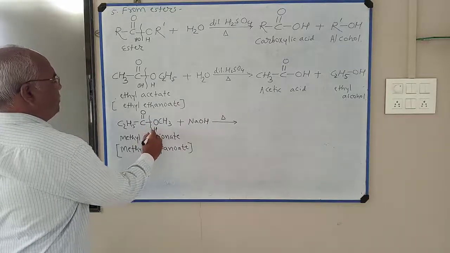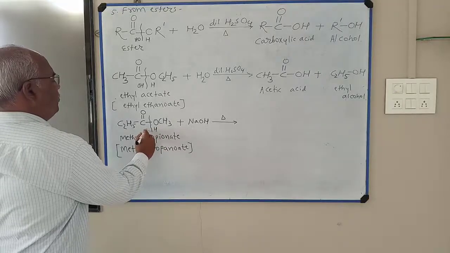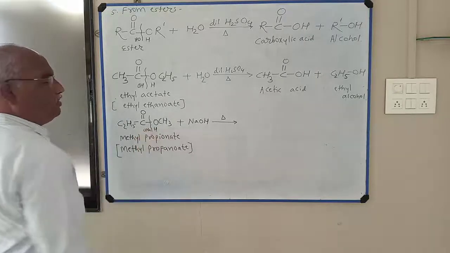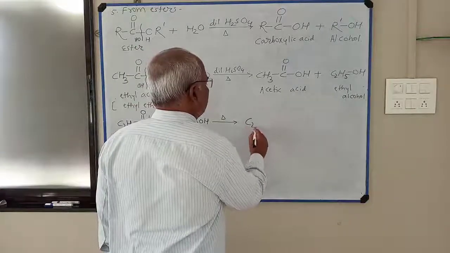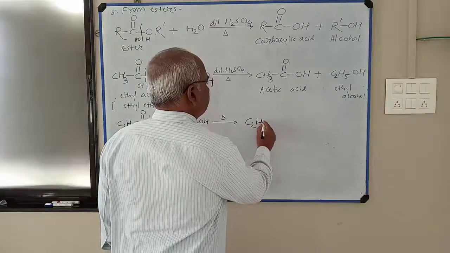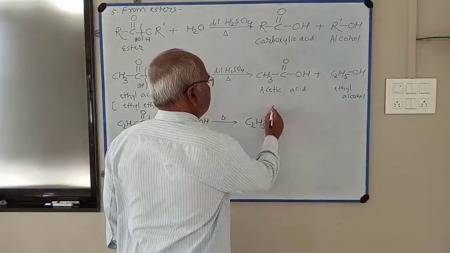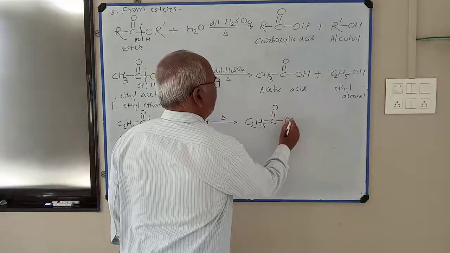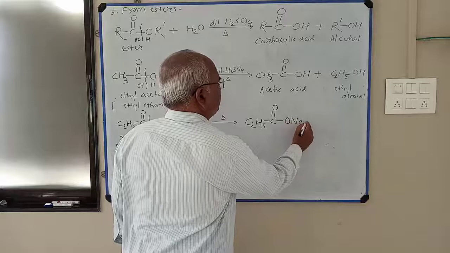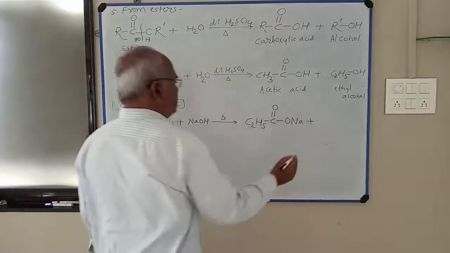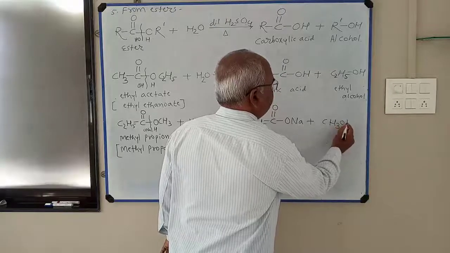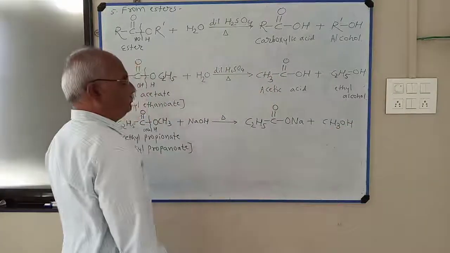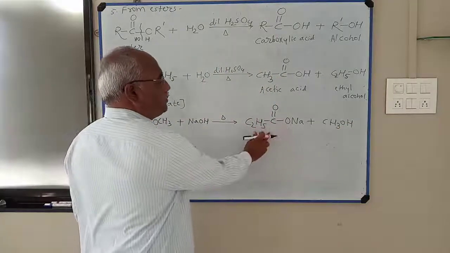H is added on this side and ONa is added on this side, and we get C2H5, single bond C, double bond O, ONa plus CH3OH. This salt is produced.